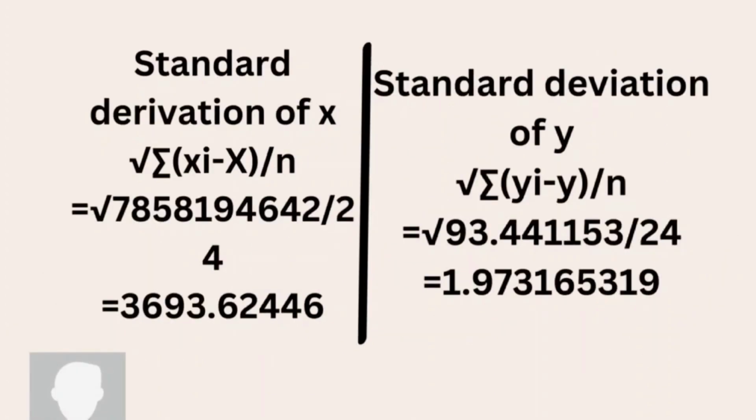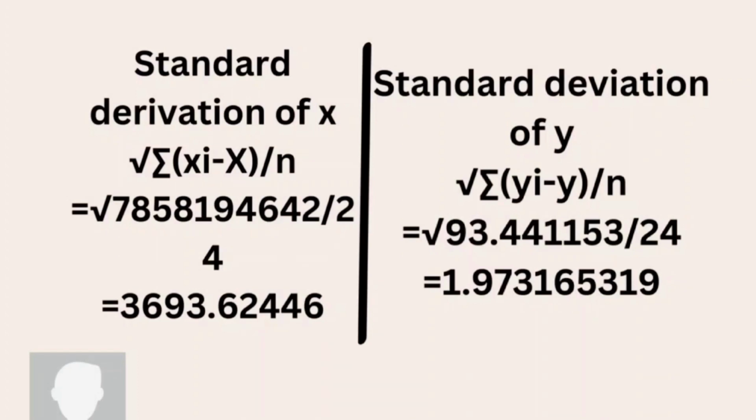Next, standard deviation of x and standard deviation of y. I'm using the formula square root of the sum of xi minus x bar divided by n. So for the standard deviation of x, I got 7858164.642.